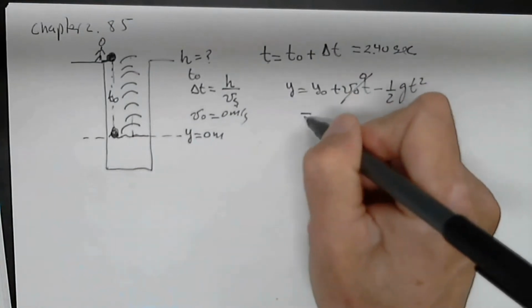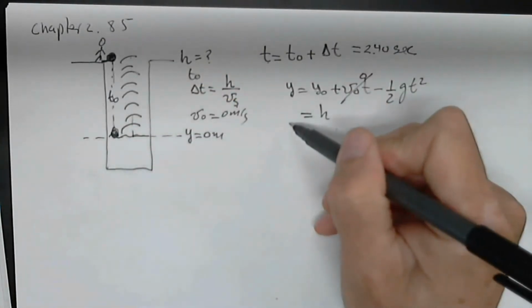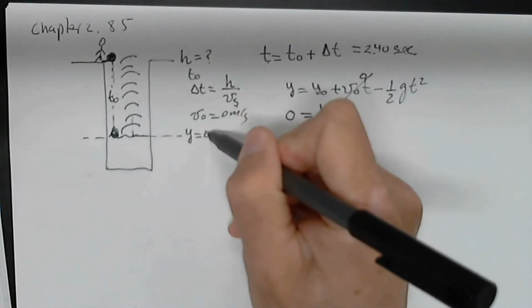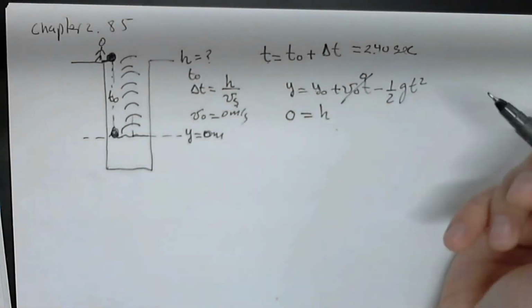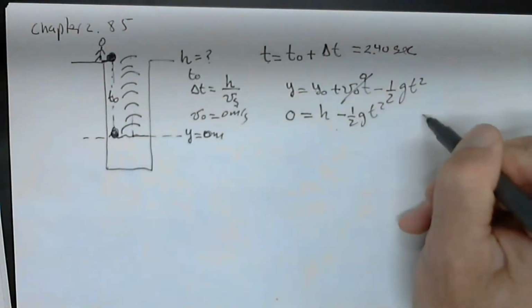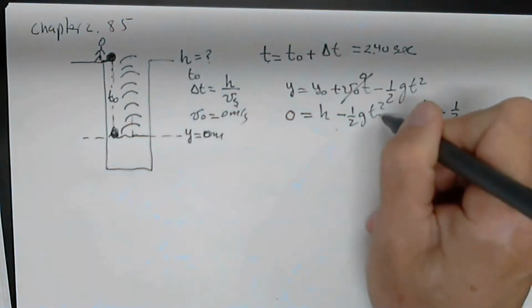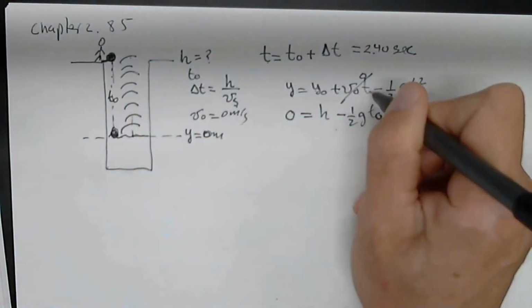The initial position is H, and the final is 0, because I put the 0 over here where the water is. And you know what this is? This is just H equals 1/2 g T naught squared. That's the important thing.